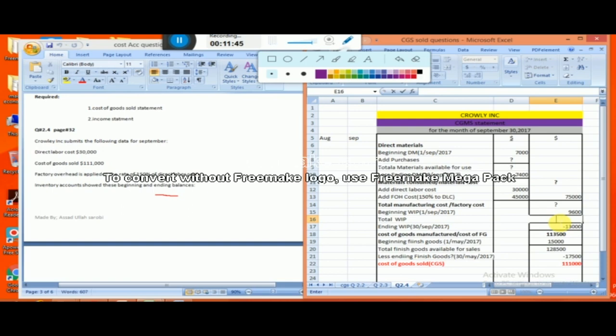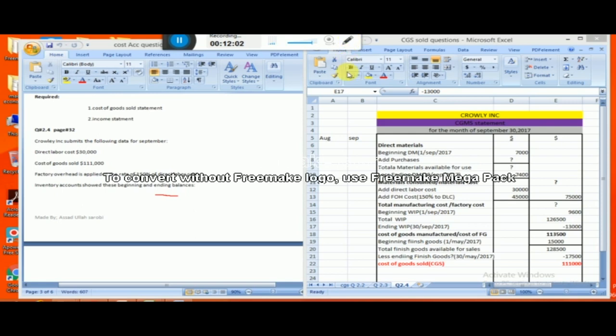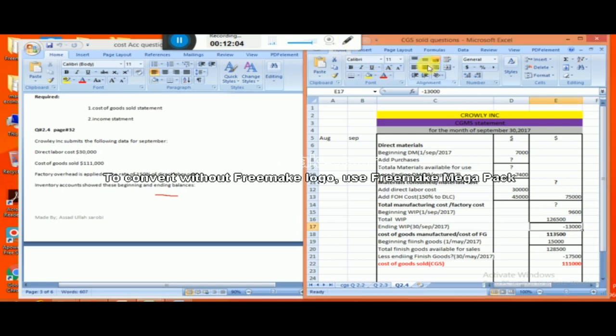So 1,13,500 plus 13,000 is 1,26,500. That is our total work in process. So from total work in process, we will also check this dually: 1,13,500 plus 13,000 is 1,26,500.